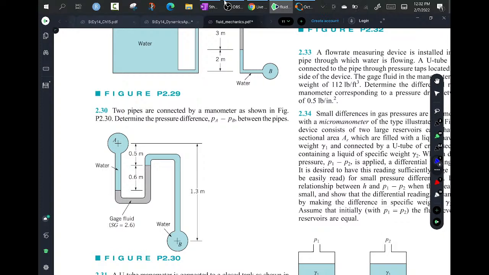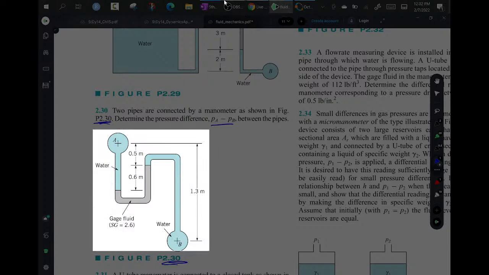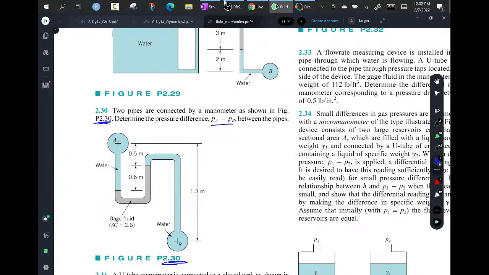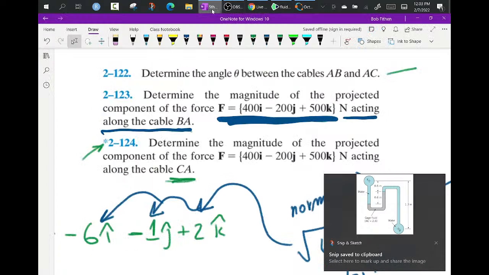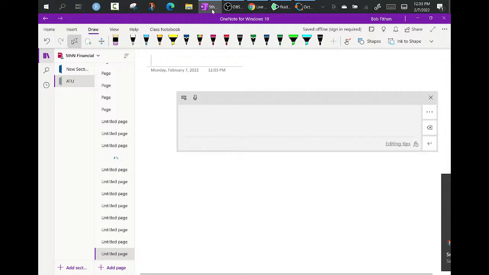So there's a problem. Two pipes are connected as shown in that picture. He wants to know PA minus PB, or you could just say what's the delta P. I'm not sure I really need to copy the text, so I'm just going to do the picture. Looks like I may have to add a page.